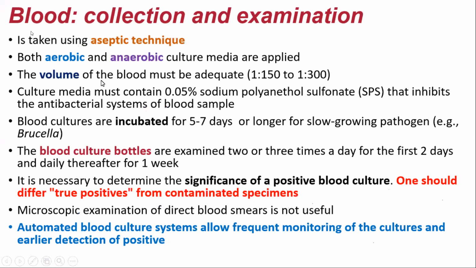Why do we need to dilute blood? You know that blood contains many bactericidal substances of natural innate immunity, maybe normal immunoglobulins, bacterial lysins, complement, and many others that can kill bacteria if blood is not diluted.